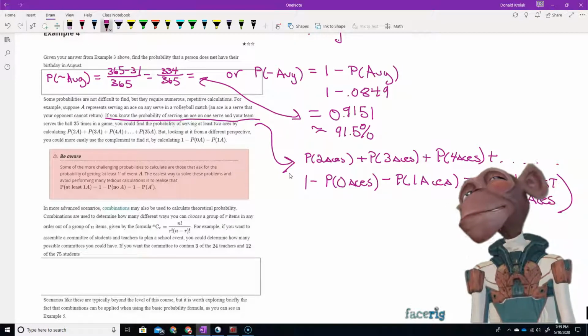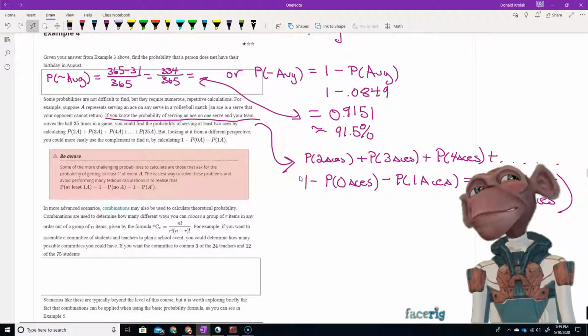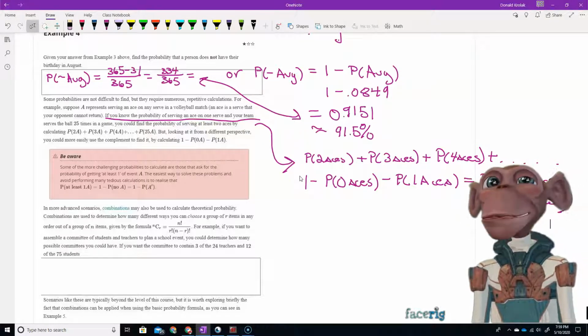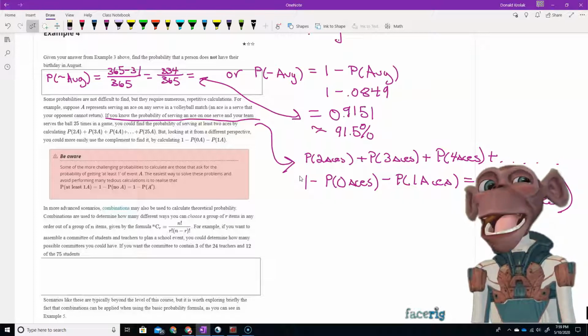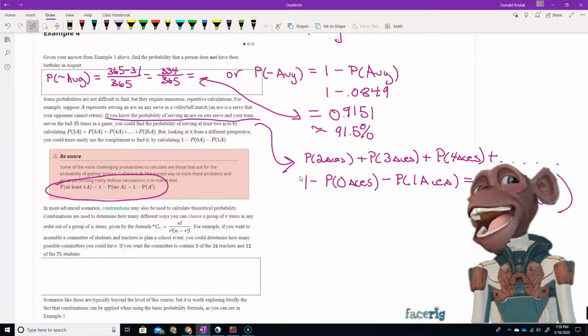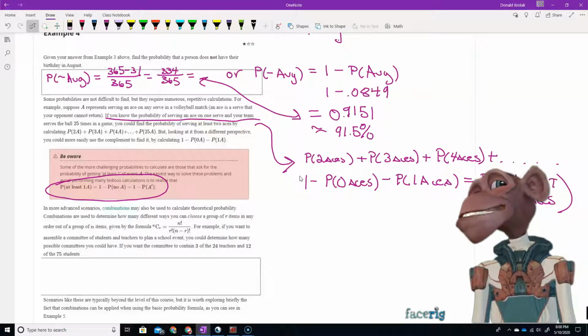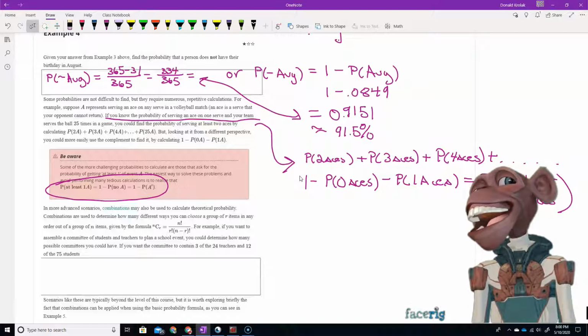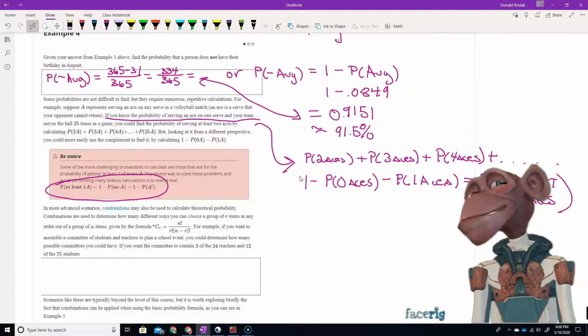So here's another instance of thinking of things in terms of their complement, as opposed to finding the probabilities directly. That's what this box highlighted here in pink is talking about. Finding the probability of at least one of event A occurring would be the same as taking 1 minus the probability that A did not occur. That's the complement, and that would be the probability that you're looking for.